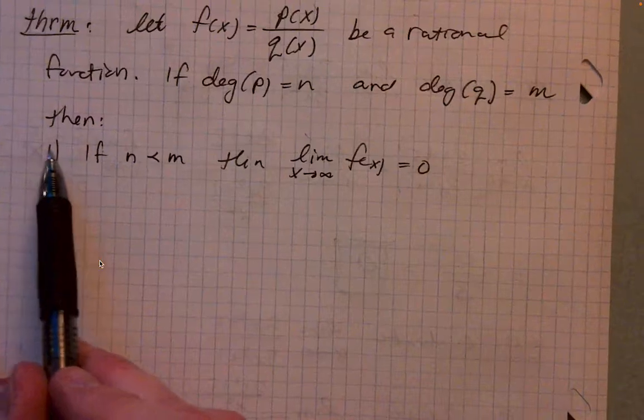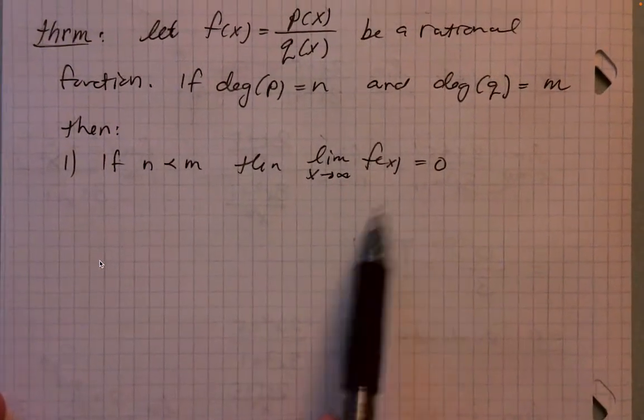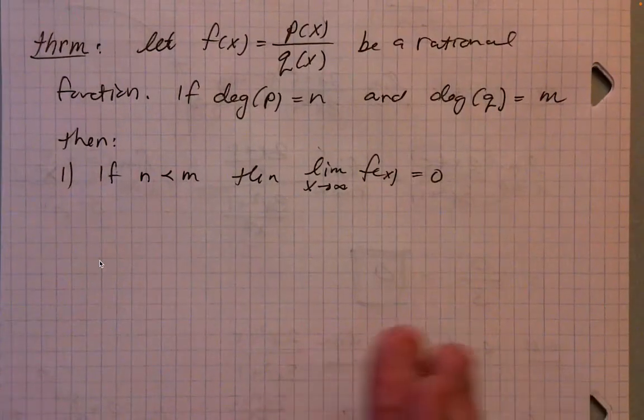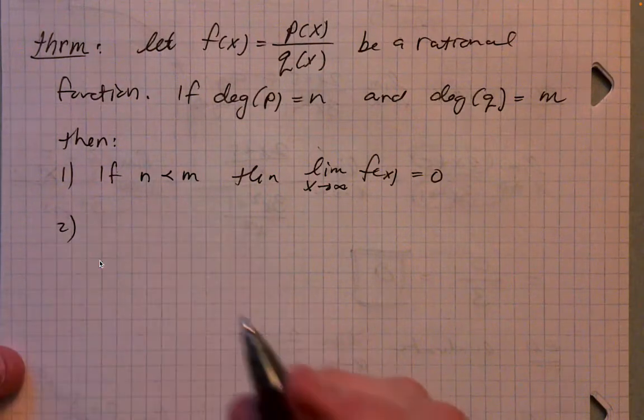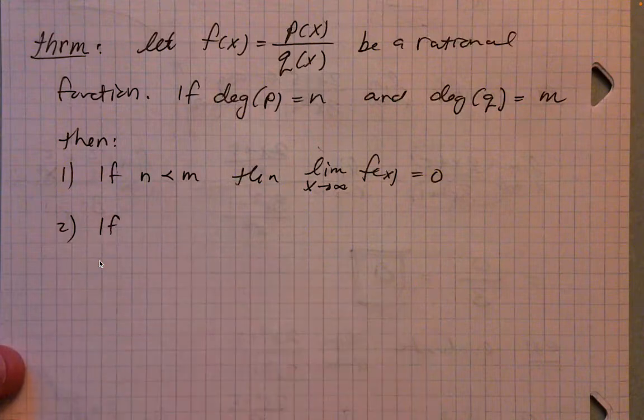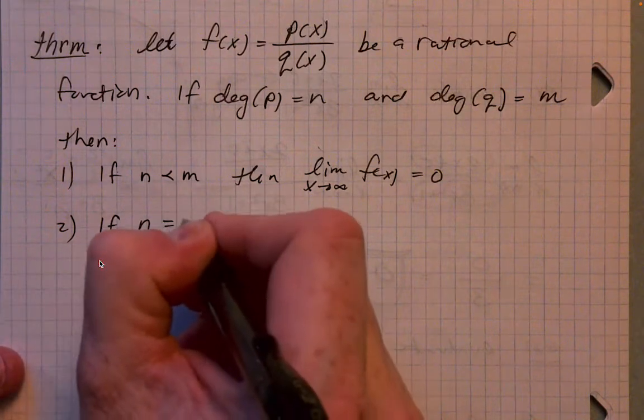And so this just generalizes it and makes it clear, more general, right? Now the second case would be what happens if n is equal to m. So that was the very first example we looked at.